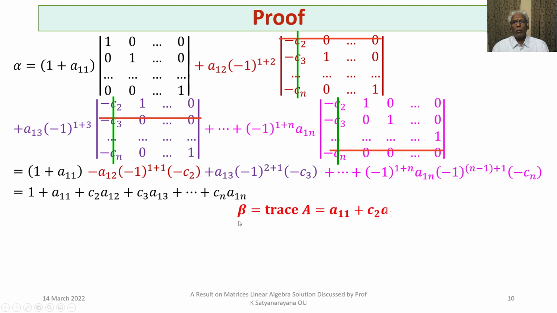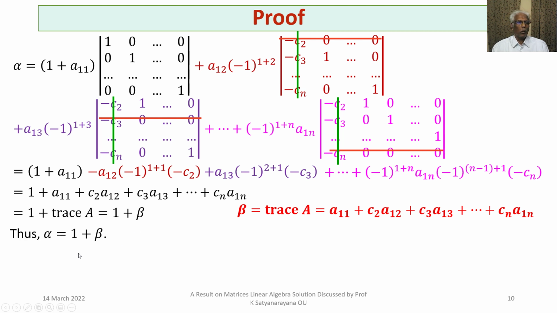And we recall beta is equal to trace of A, which is a11 plus C2 a12 plus C3 a13 plus etc. Cn a1n. So this will be equal to 1 plus trace of A, that is 1 plus beta. And alpha is equal to 1 plus beta. So alpha minus beta is equal to 1, and that is the result we are looking for.